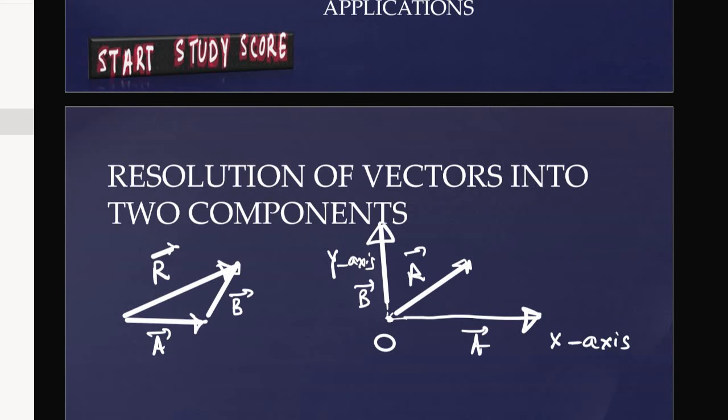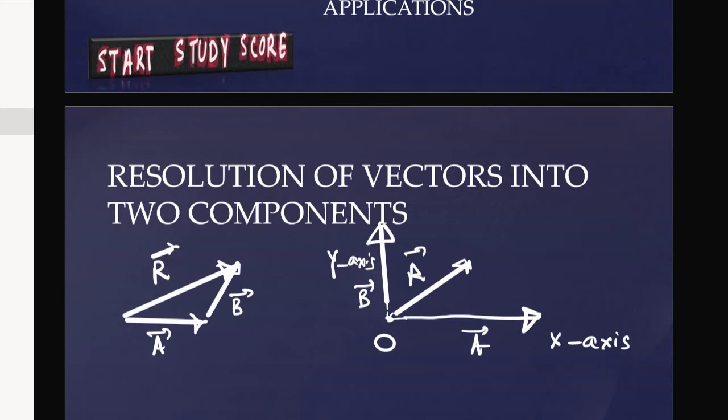So I simply made this clear. When we do resolution, we are breaking a vector into two components in two directions, basically in a plane of paper, that is the x-axis and y-axis, and that is actually 2D.